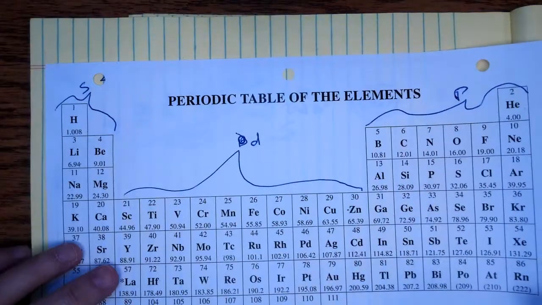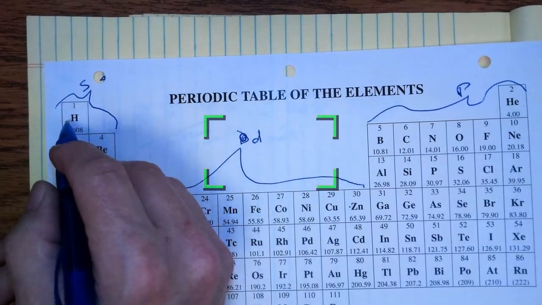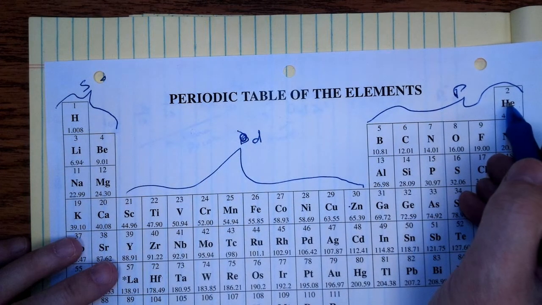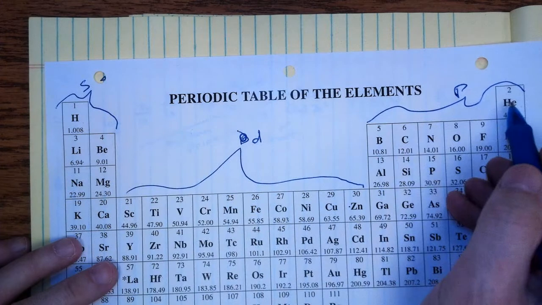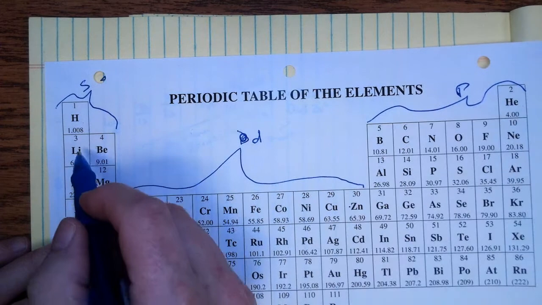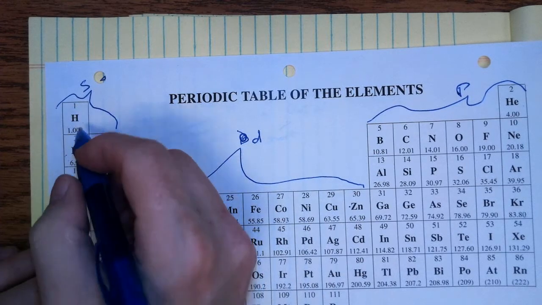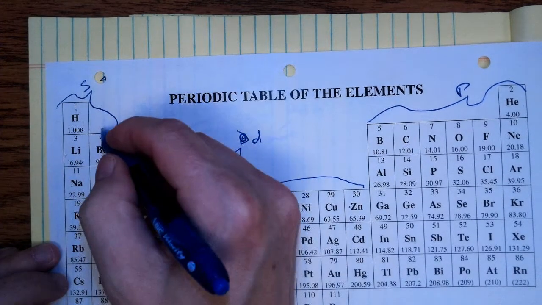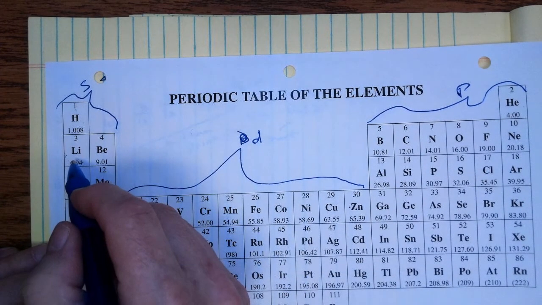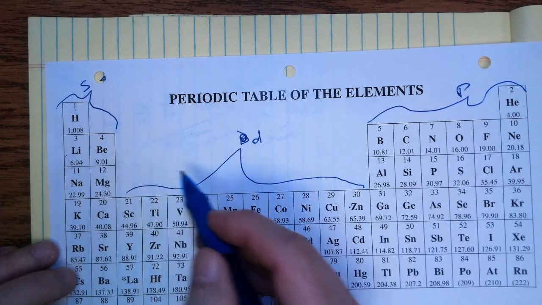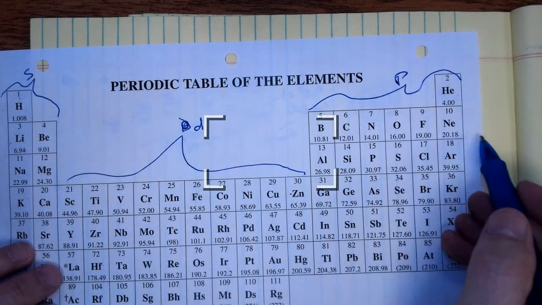Now, let's look at what we've done so far. Here we have the first energy level, and it only has 2 elements here, 1s2. And lithium is on the second row, so it's 2s. This is s1. This is s2. So lithium is going to be 2s1. Beryllium ends in 2s2. And then we're going to pick up with the p's over here.